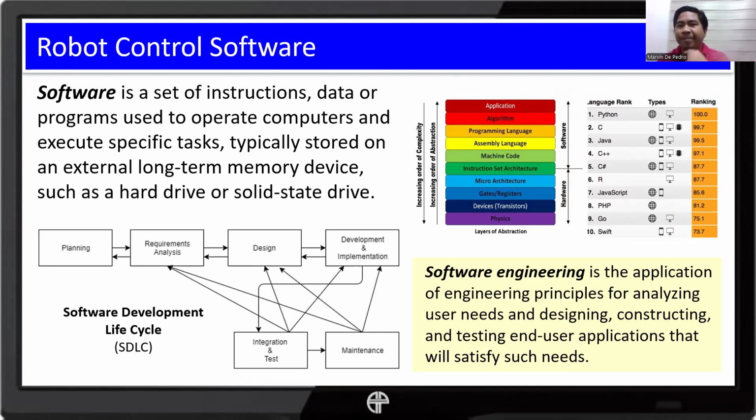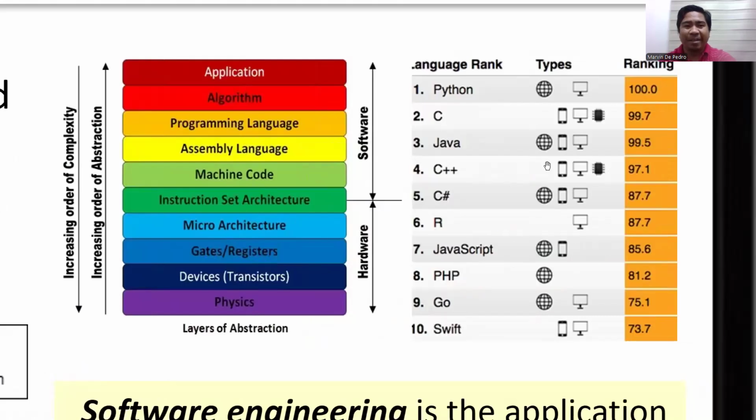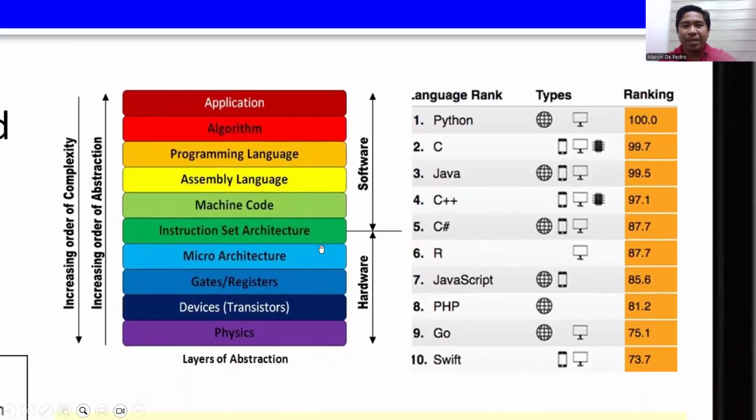All right. Remember that in electronics engineering, especially in robotics, we happen to cover everything, right? From the most physical one, from the physics of our robot, up to the software development of our robot. So in between, we have the algorithms.